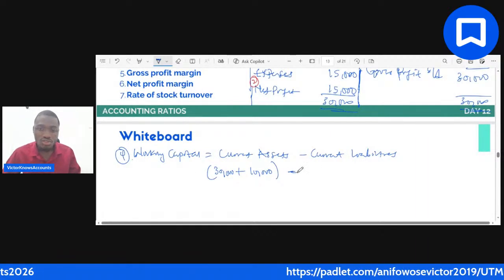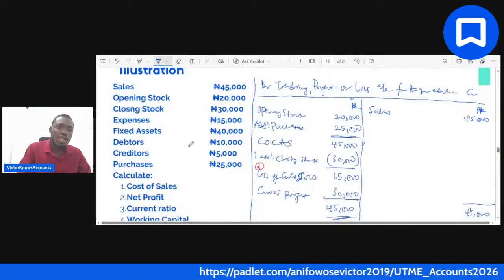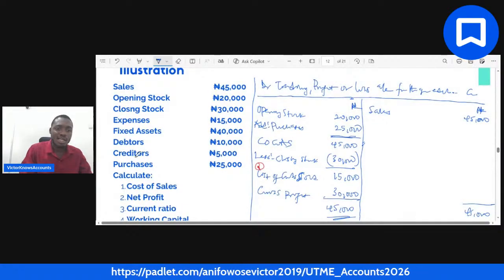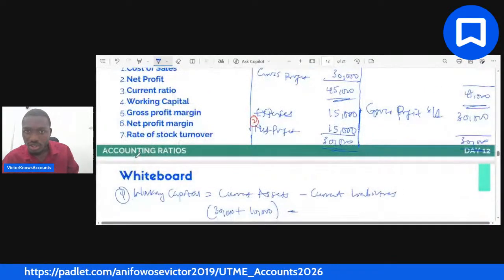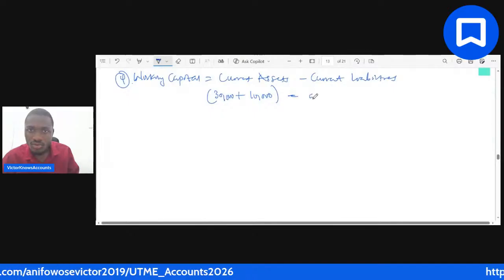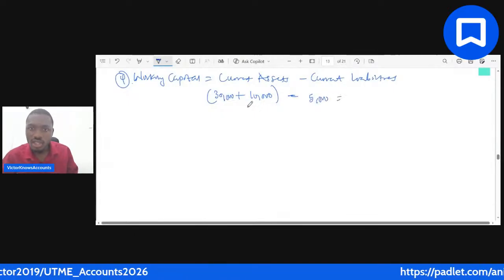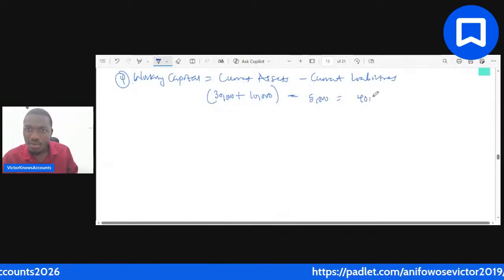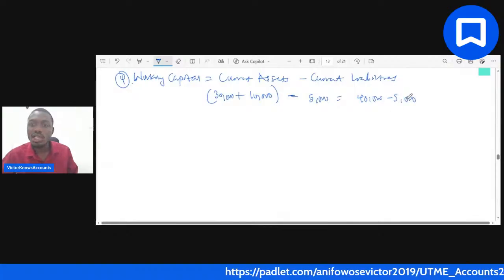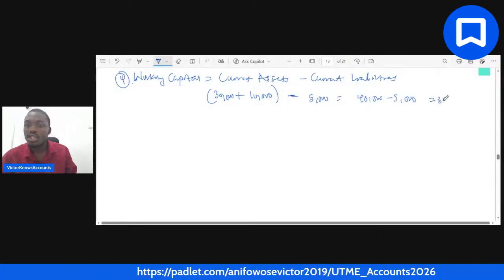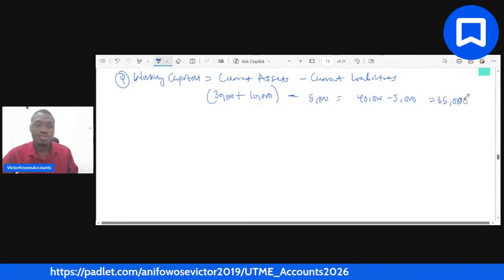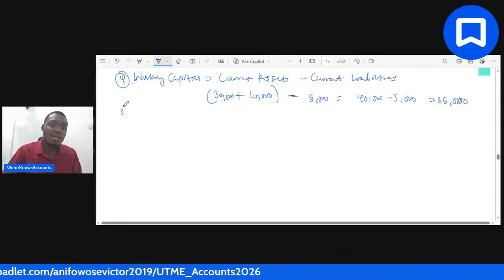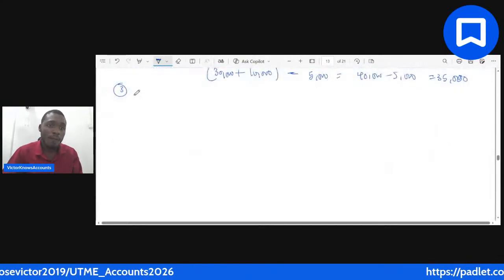Minus current liability. The only current liability that we have here is our creditors, which is 5,000 naira. So we say minus 5,000 naira. That's 30 plus 10, 40,000 naira minus 5,000 naira. Means that our working capital equals 35,000.